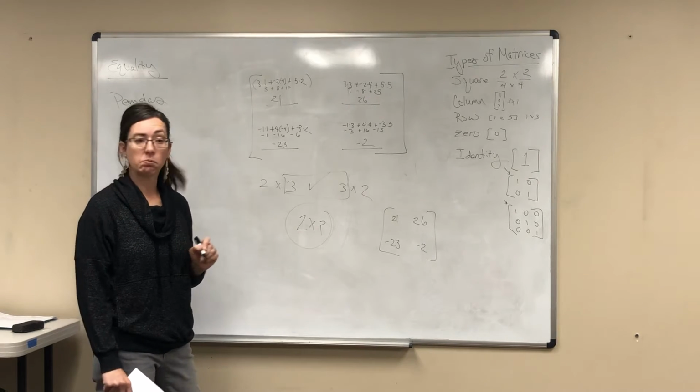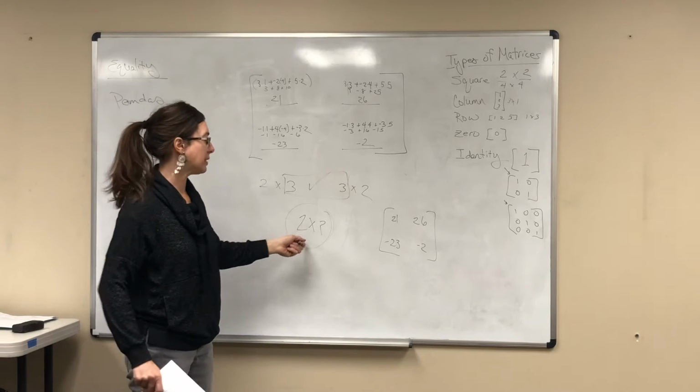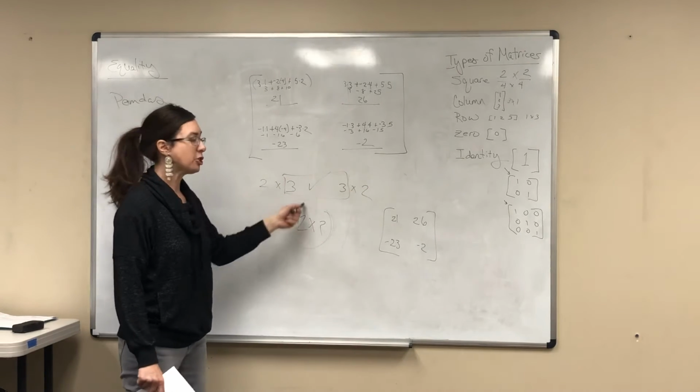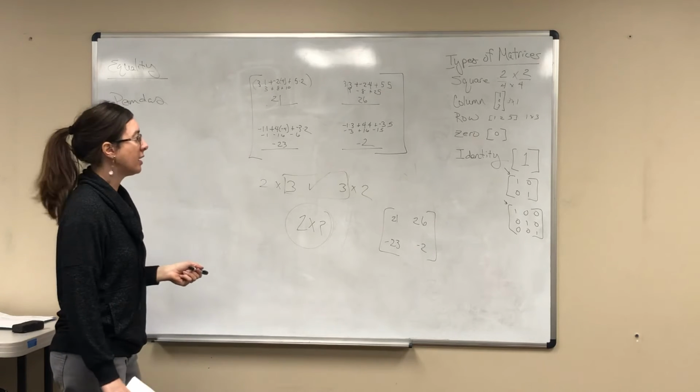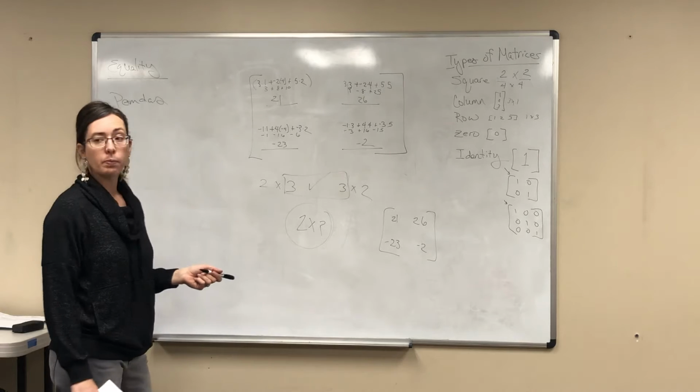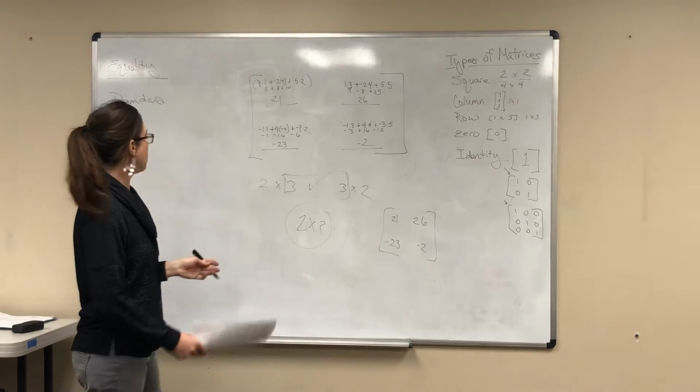They cannot be answers. It has to be a 2 by 2. Knowing our dimensions and knowing what we need to end up with helps us eliminate possible wrong answers if you're on a test.